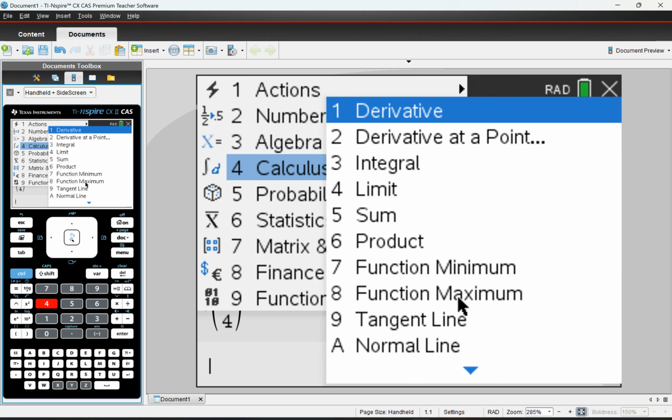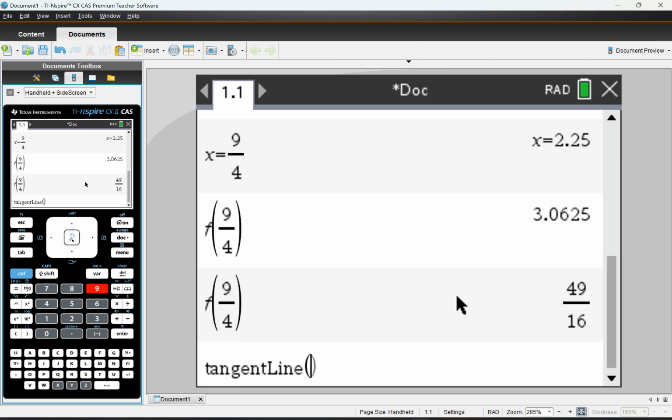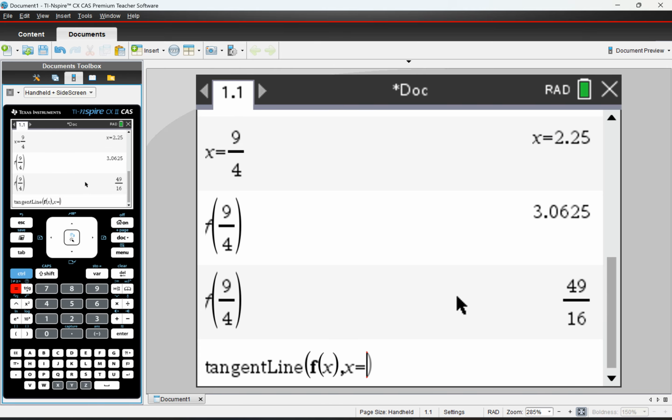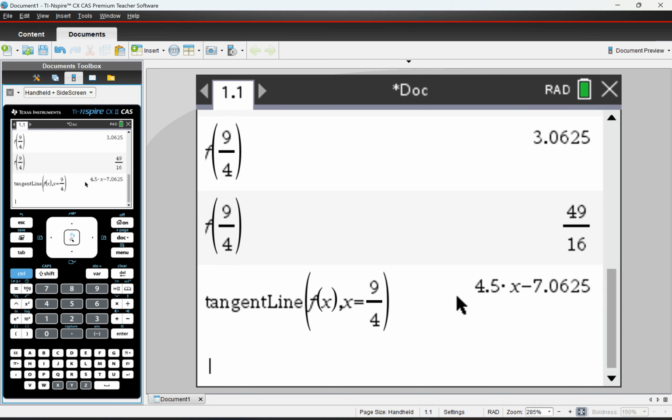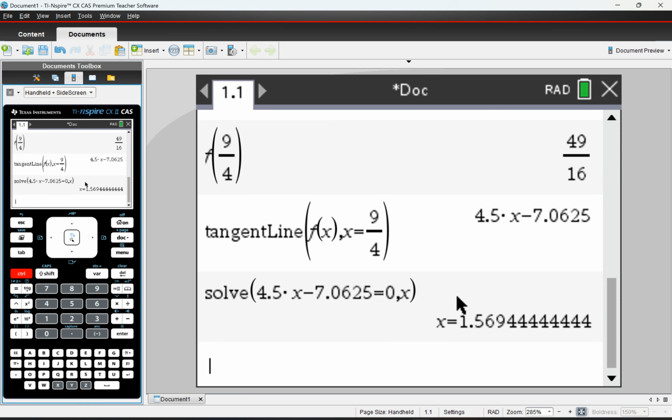Menu, calculus, 9 tangent for f of x at x equals 9 on 4. And then solve equals 0, comma x, and you get your next one.